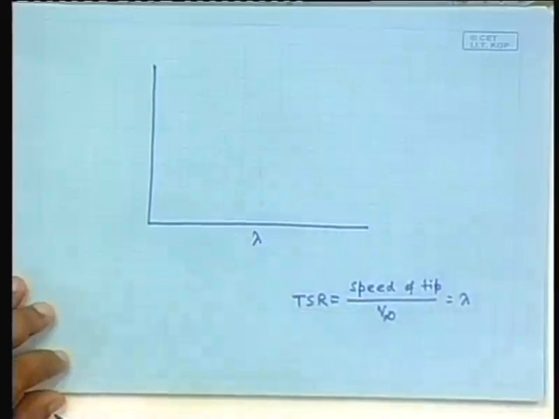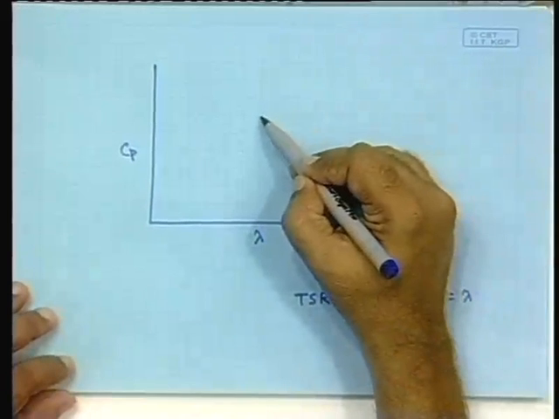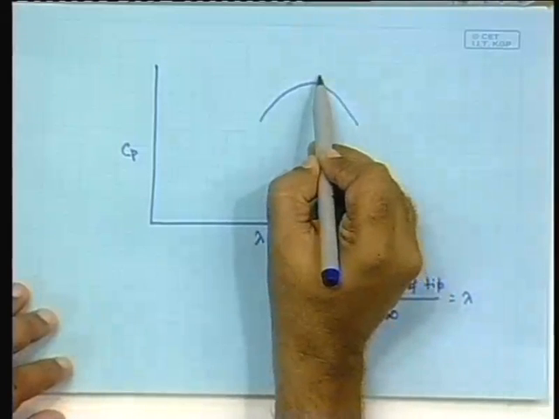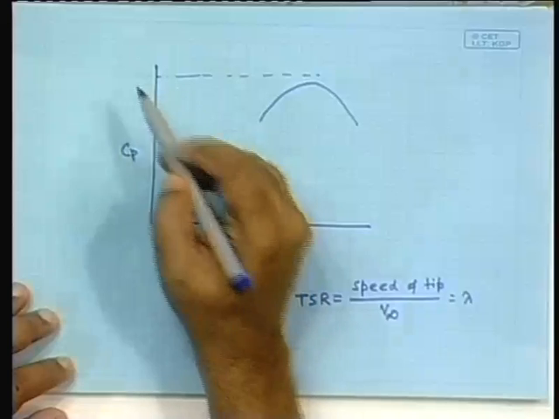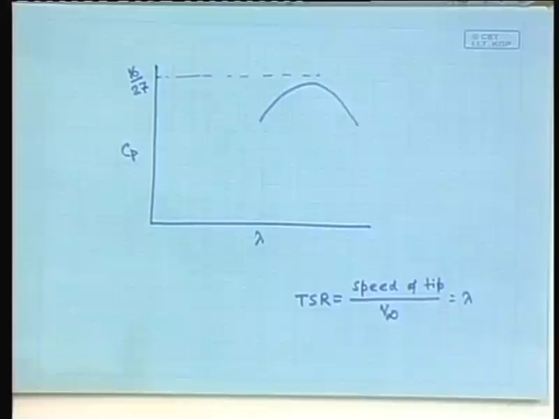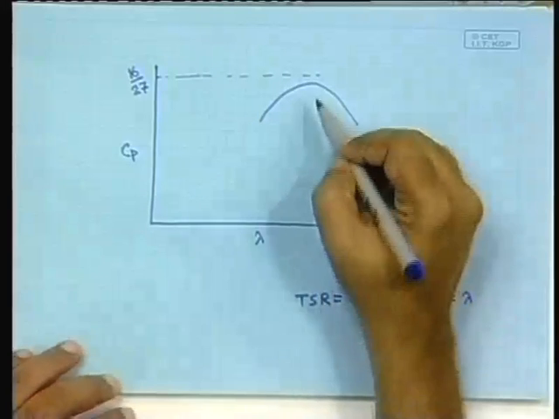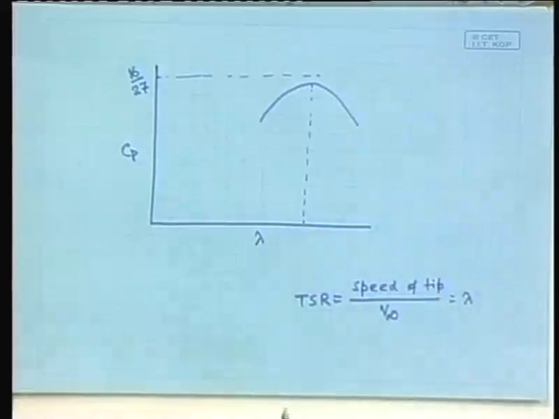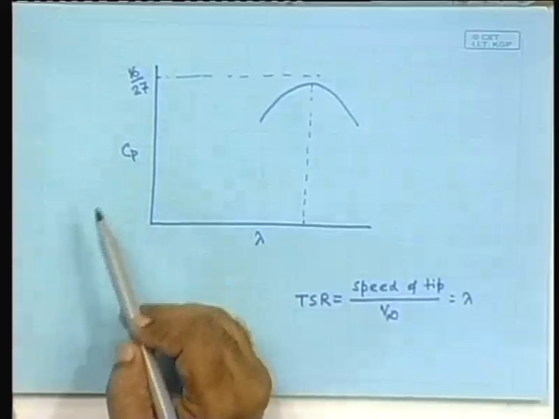So, lambda versus power coefficient, you have seen that it has a characteristic something like this, while the peak, the maximum possible value, is 16 by 27. This means that the maximum power coefficient occurs only at a specific tip speed ratio. That we have seen already.